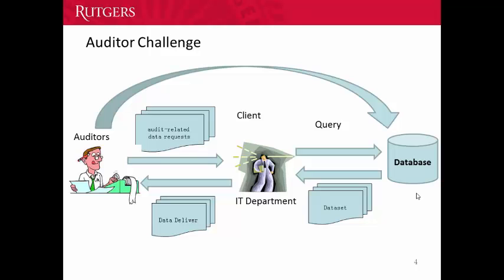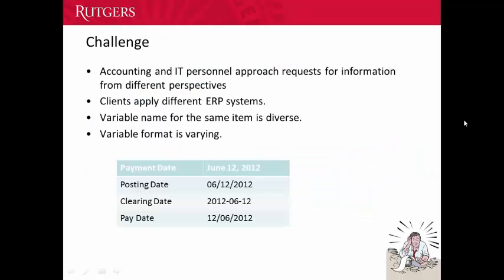So it is extremely hard for auditors with no IT background to understand the system. So they need the involvement of IT specialists. As a result, accounting and IT personnel approach requests for information from different perspectives, and the clients apply different ERP systems. They are all challenges faced by auditors.